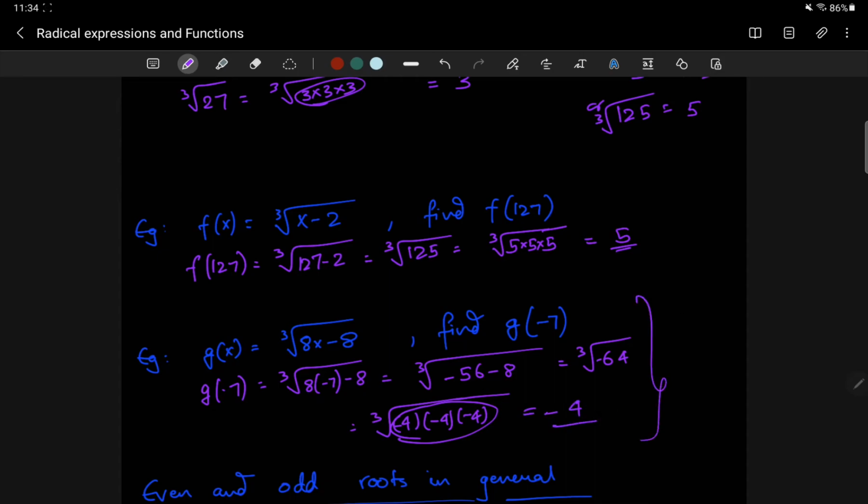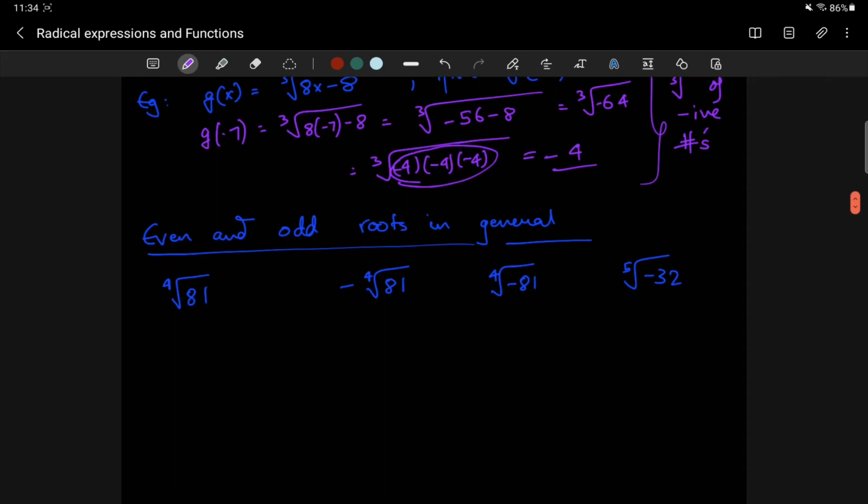So this example shows that you can take cube roots of negative numbers, right? So we already see a fundamental difference between a cube root and a square root function. We can take cube roots of negative numbers because when you multiply a negative number 3 times, it remains negative.